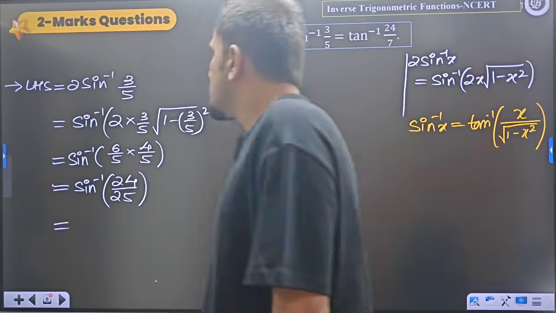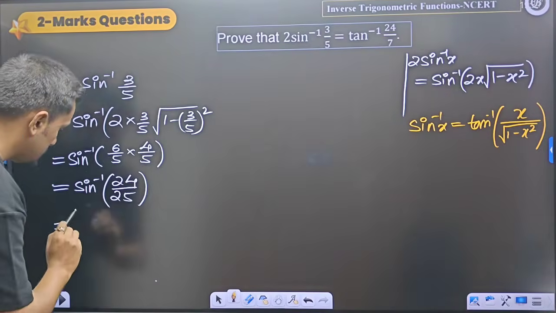Right. So if I use this, then what does it become?